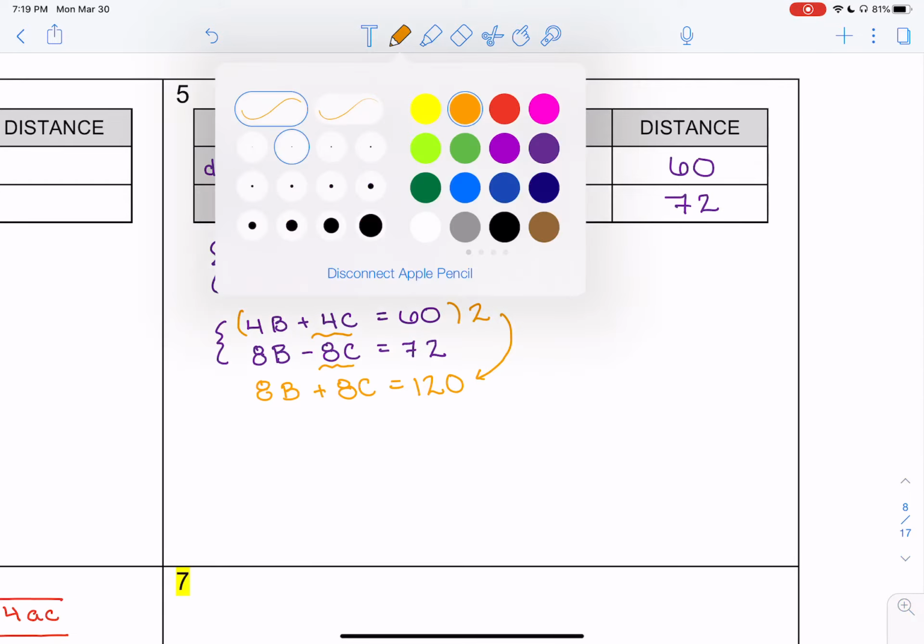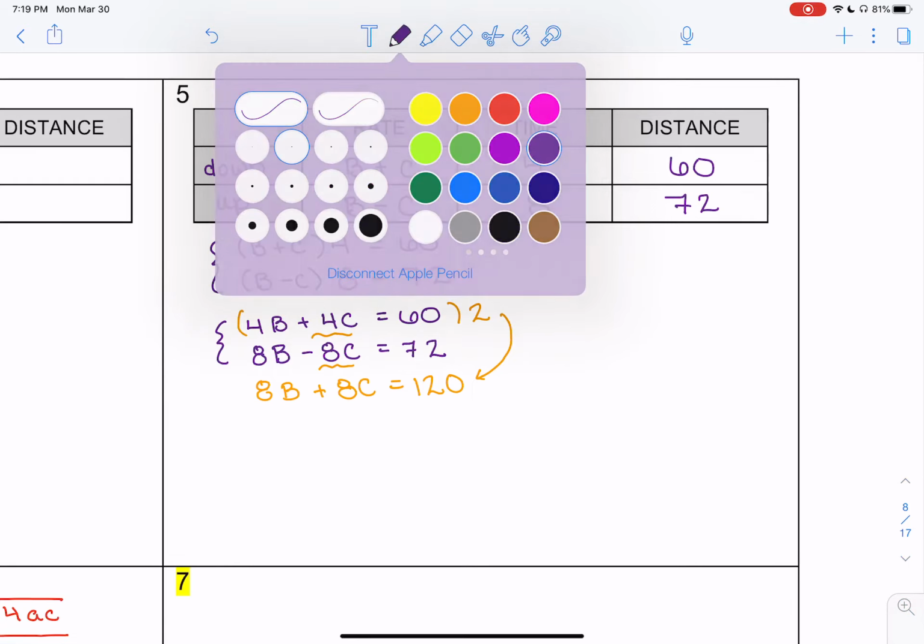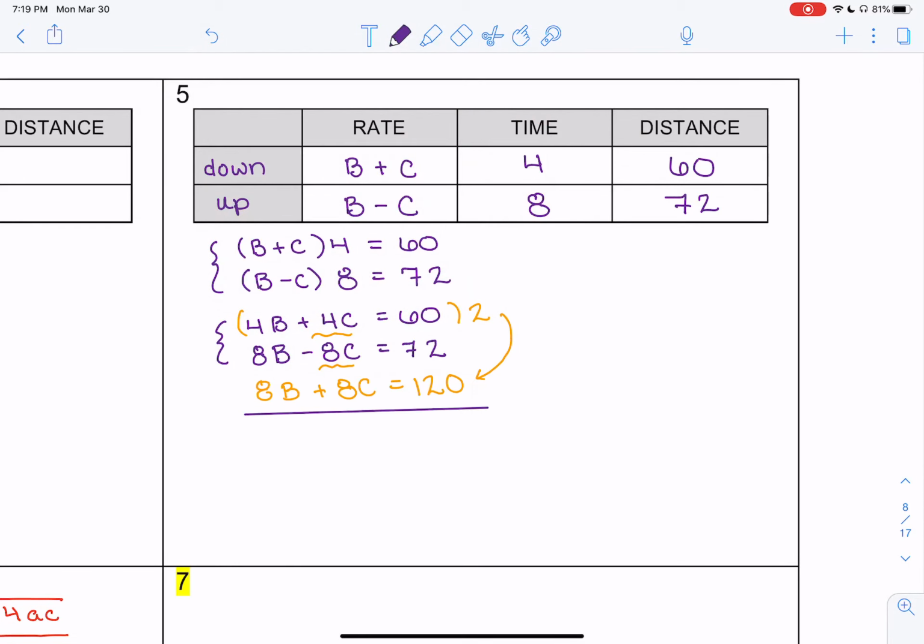Then I'm going to go back and add those together. 8B plus 8B is 16B. The C's will cancel, and that is equal to 192. Divide both sides by 16, and I get B equals 12.